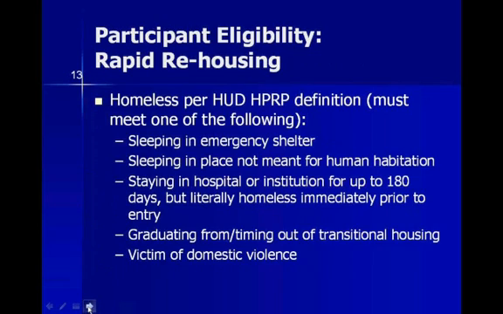So if they're sleeping in an emergency shelter, sleeping in a place not meant for human habitation, such as a car, an abandoned building, that sort of thing. They've been staying in a hospital or another institution for up to 180 days, but prior to that were sleeping in an emergency shelter or in places not meant for human habitation.